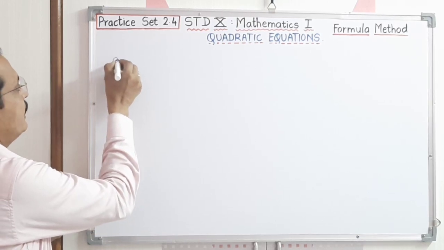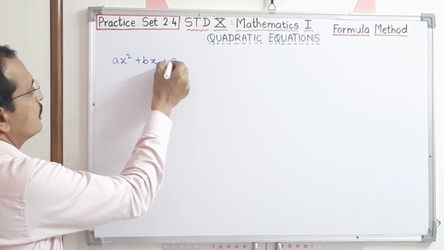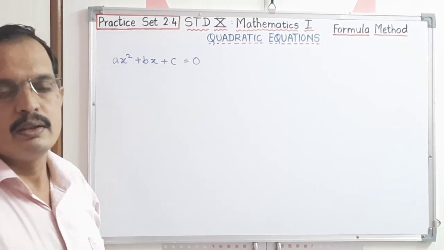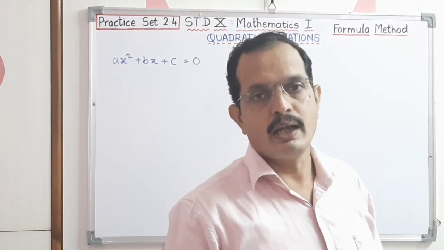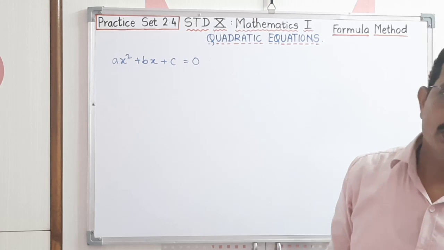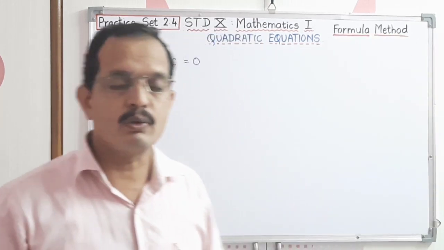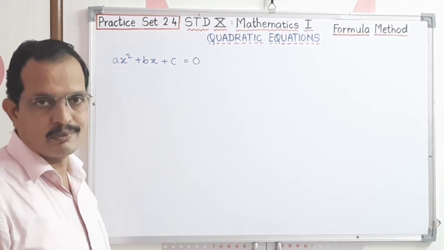Suppose ax square plus bx plus c equal to 0. This is the standard form of a quadratic equation, and if we have to find out the root of a quadratic equation, that means we have to find out the value of the variable which is used in the quadratic equation.